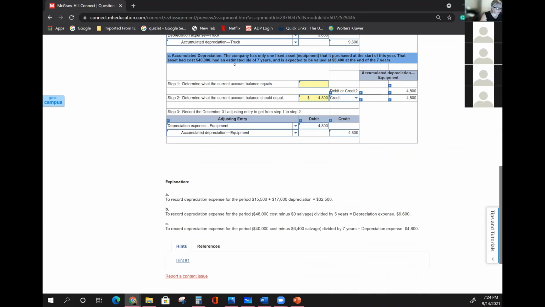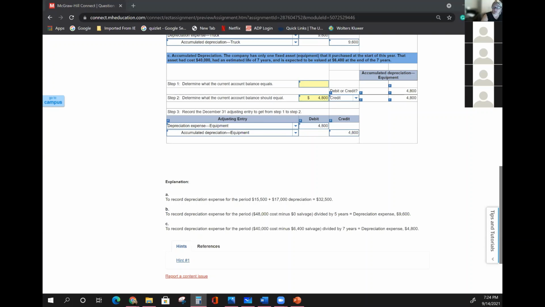Okay, C says accumulated depreciation again. The company has only one fixed asset, equipment, that was purchased at the start of this year. That asset has a cost of $40,000, has an estimated life of 7 years, and an expected salvage value of $6,400. Okay, so now we have to do calculations again.